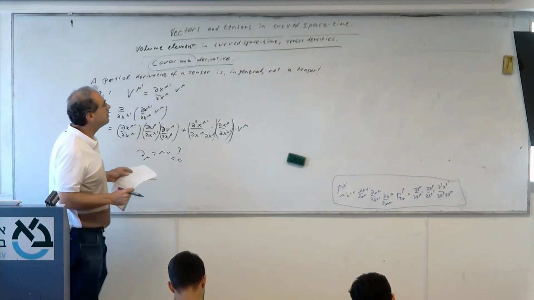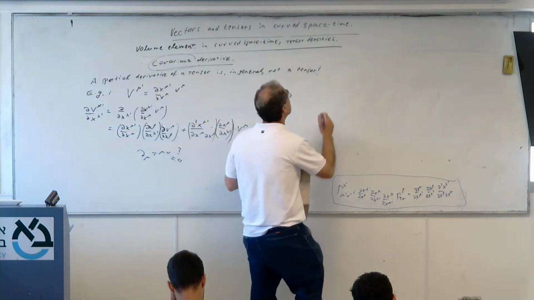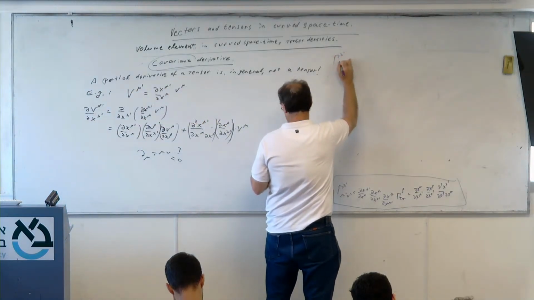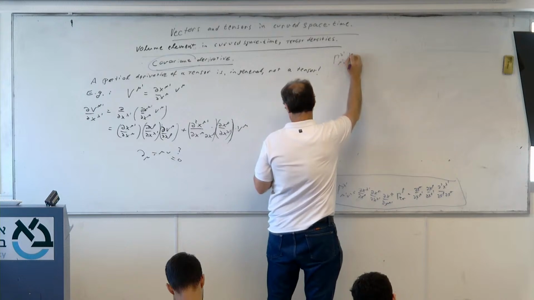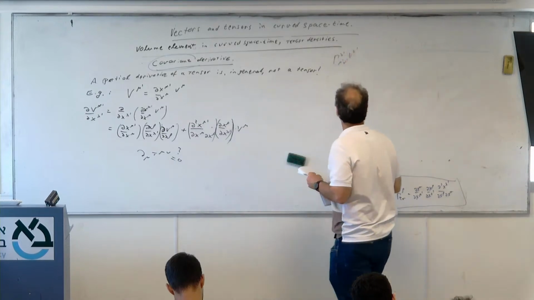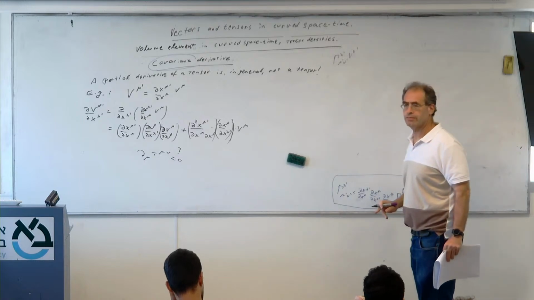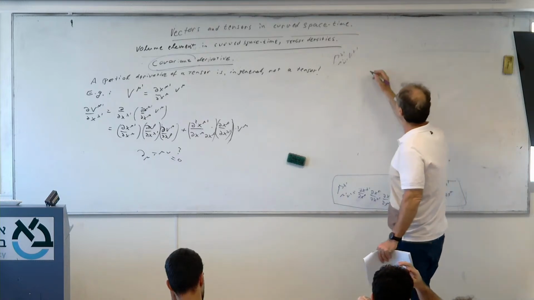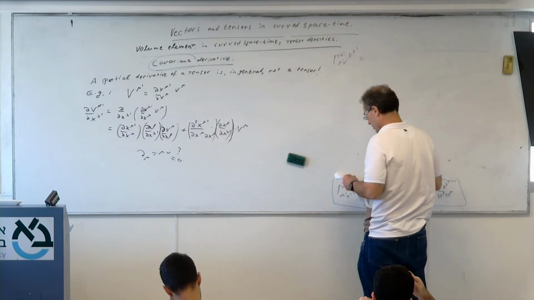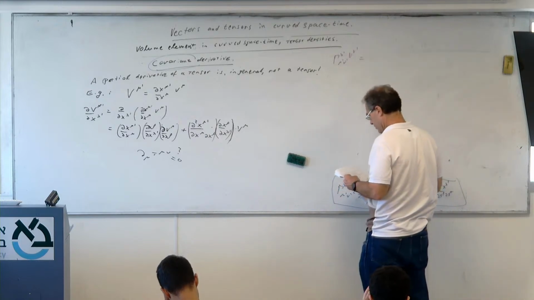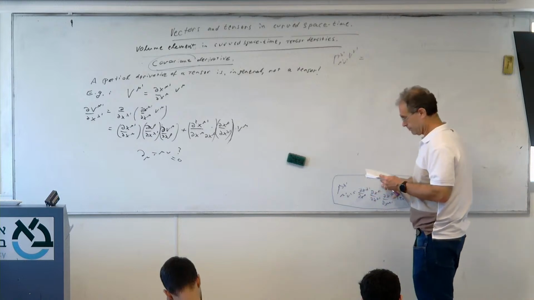I'm going to look now at gamma lambda prime mu prime nu mu prime. I can do that, right? It's an object. What do we have? Okay, well, just copy from here.